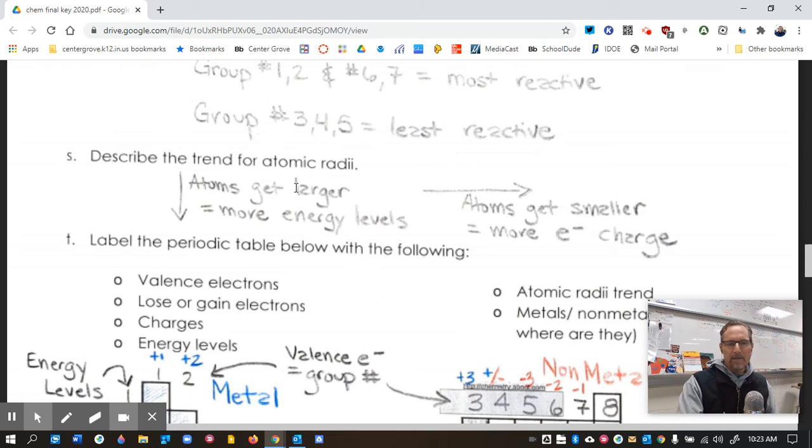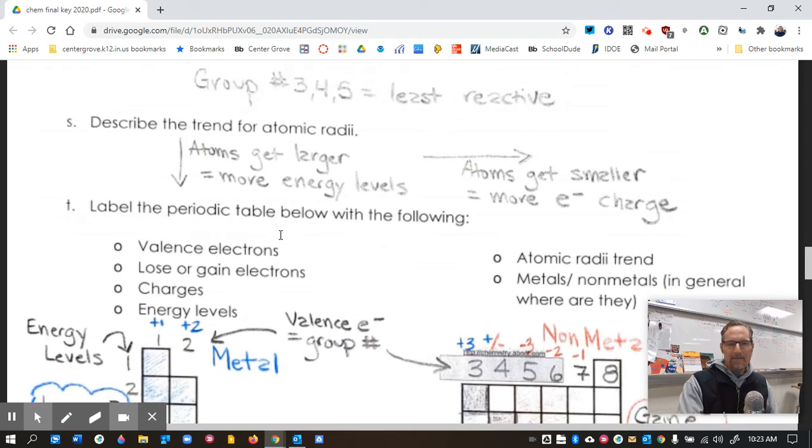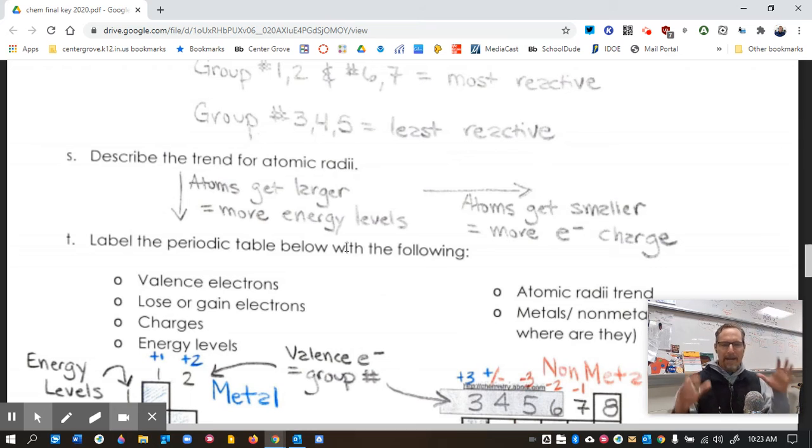Some of the trends as far as the size of the atom, or the radius or radii of an atom. As I go down the periodic table, I'm adding energy levels, so they're getting larger as I go down. As I move over on the periodic table, they actually get smaller because I'm adding more electrons as I move over, and so there is a greater electrical charge.